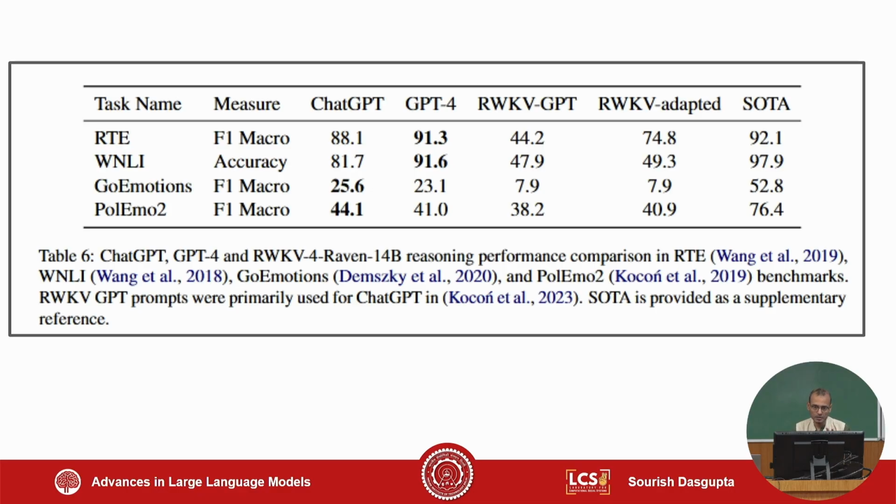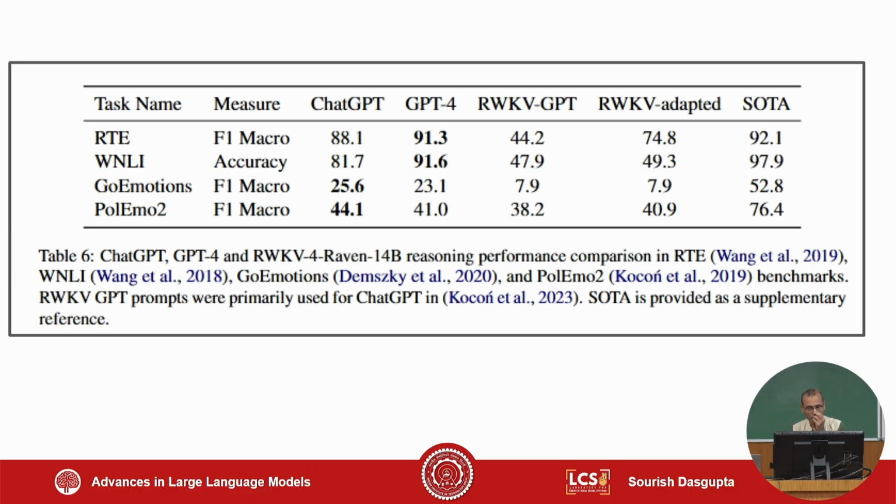And as you can see, for each of these four tasks, they compared with ChatGPT and GPT-4 as the state-of-the-art LLMs. And they also showed, in the last column, what's the best as of then, which is 2023.